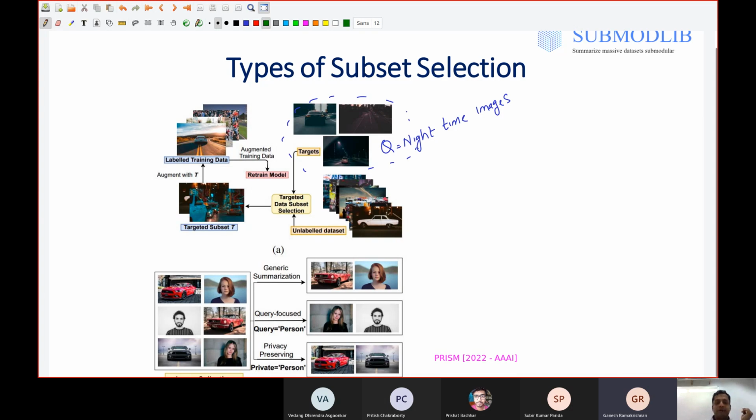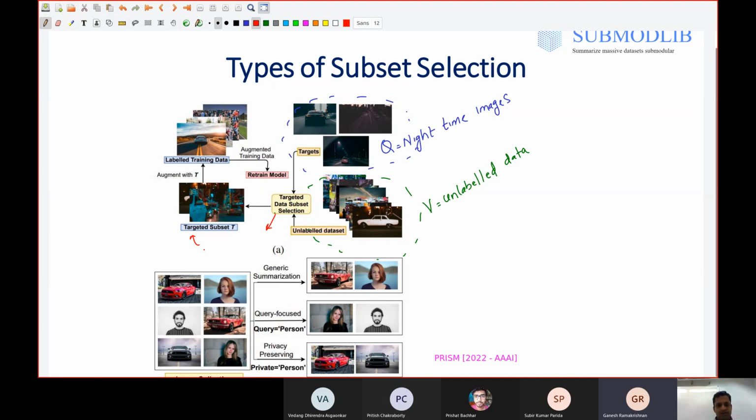And then I have my V, which is a lot of unlabeled data. So what will I do? I'll take my unlabeled data V, look at Q, and do targeted subset selection. How is targeted subset selection going to operate?